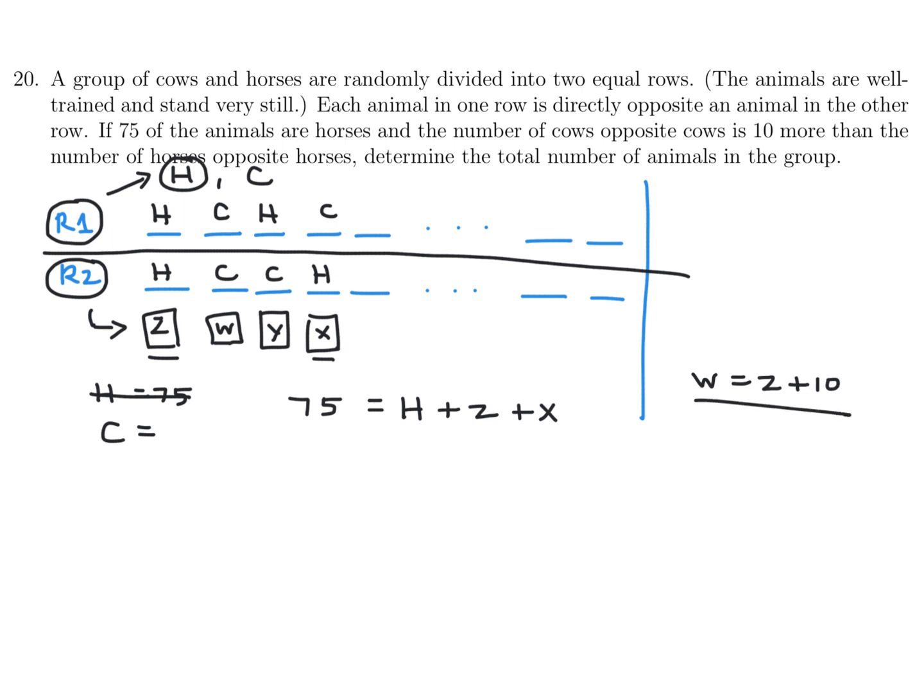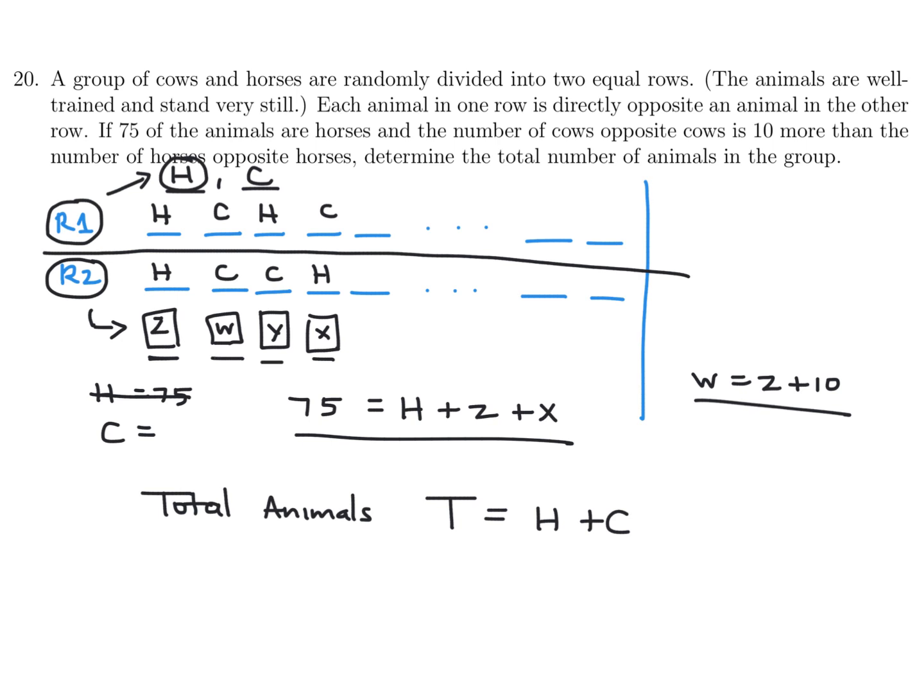So 75 is H plus X plus Z. And then the total number of animals, let's just call it T, would be this H plus this C, and then plus W plus X plus Y plus Z. And are there any other equations we can create?